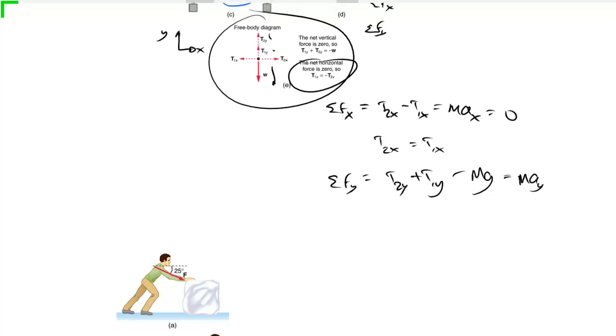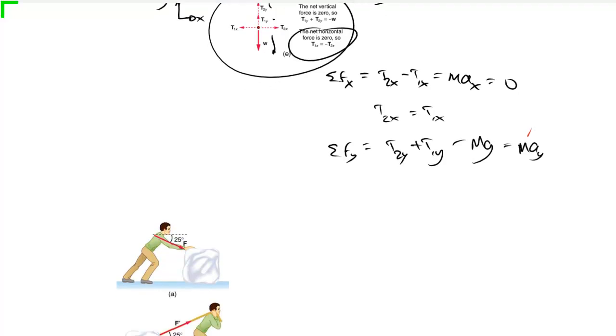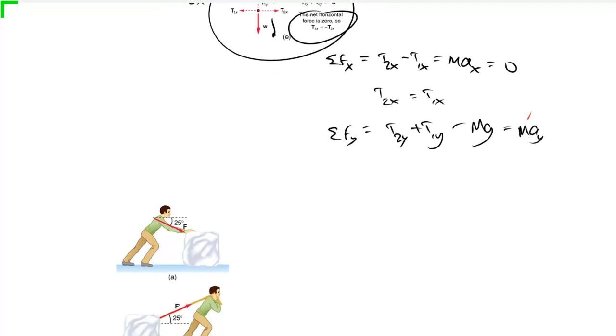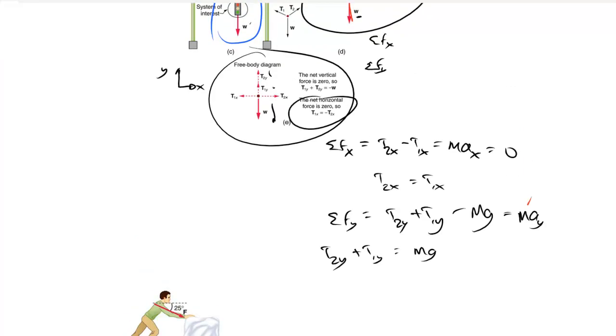By the way, this mass is the mass of the traffic light. And if it's in equilibrium, then this is equal to 0. The acceleration is 0, and so we would say T2y plus T1y is equal to mg, which is what we get over here.